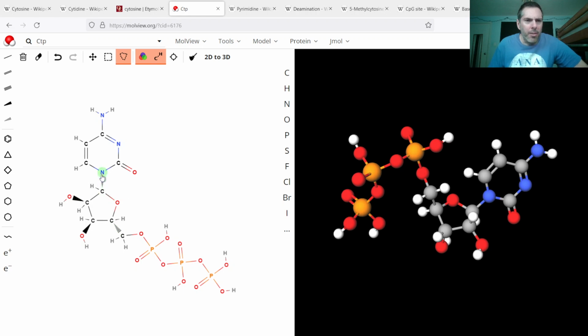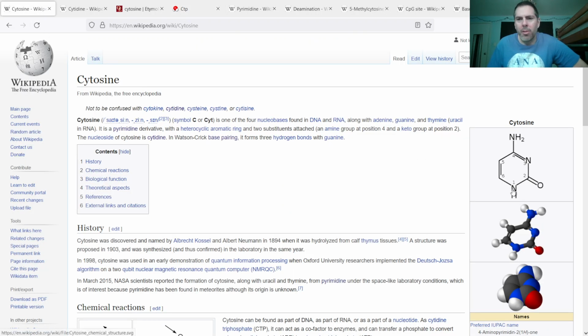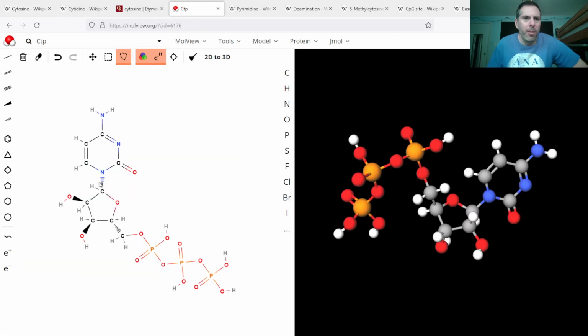And then here's the nucleobase here. You can see the numbers. 1 is what's attached to the sugar, and 2 will be the oxygen carbonyl group.